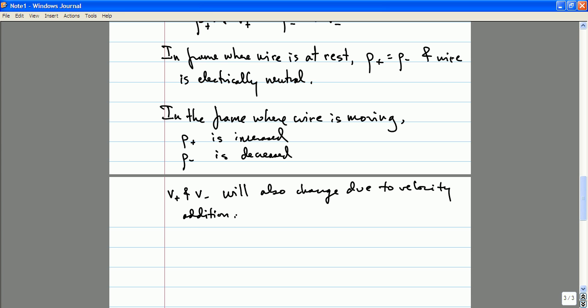With the net result that the wire is no longer electrically neutral.